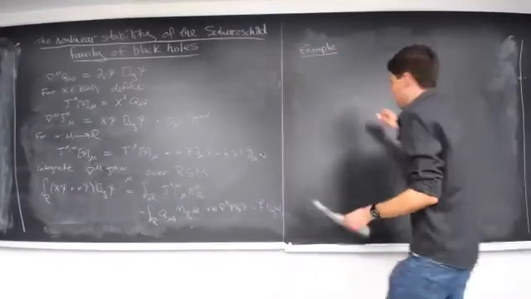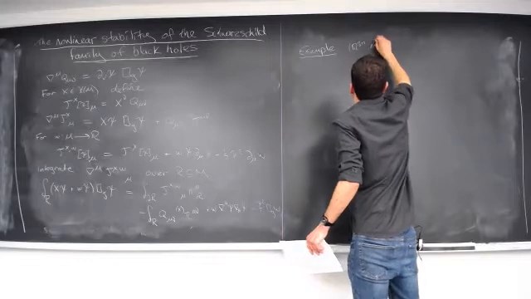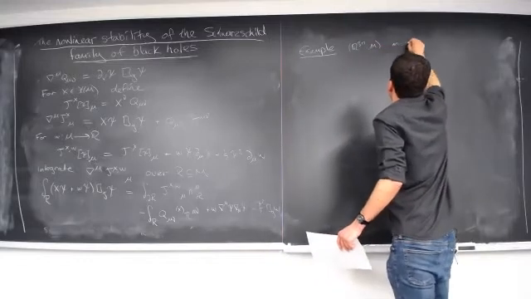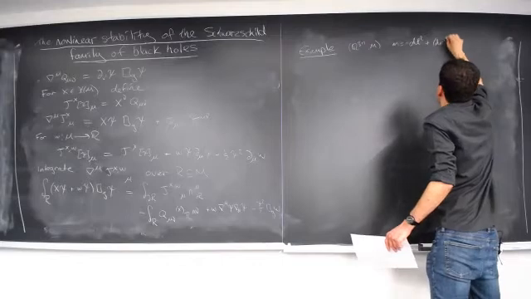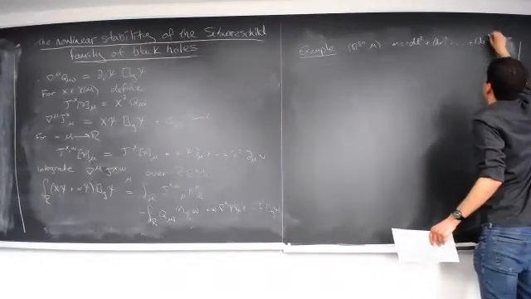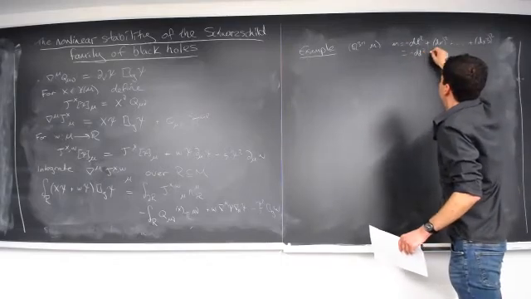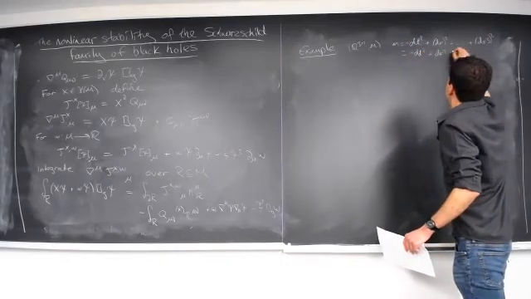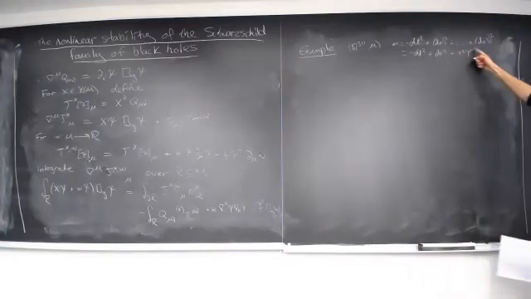So if we consider Minkowski space, which is R^{3+1} together with the Minkowski metric. I'll also use polar coordinates a lot later. So this is the unit round metric on S^2.